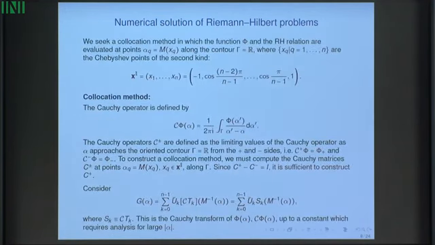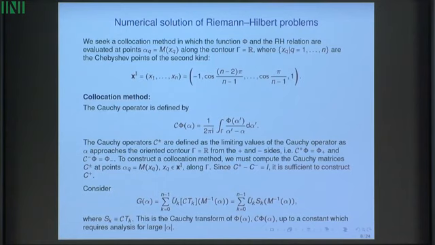So what we want to do is to compute the Cauchy operator acting on this function on the two sides of the contour, to construct the collocation method. We are computing these matrices, C plus and C minus, at the points which correspond to the collocation points coming from the points on the unit interval.